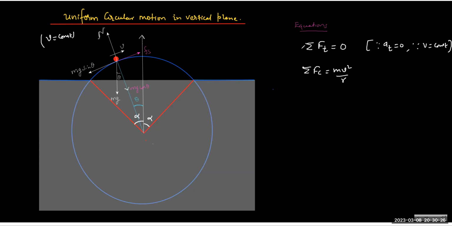So what will I write for the first part? What should I write here? So mg sin theta is equal to friction, f_s equals mg sin theta. So is theta variable or constant?